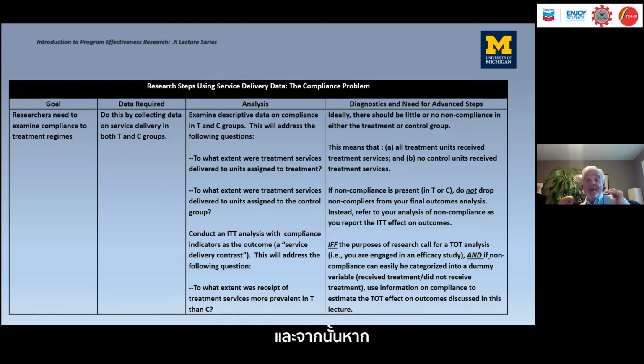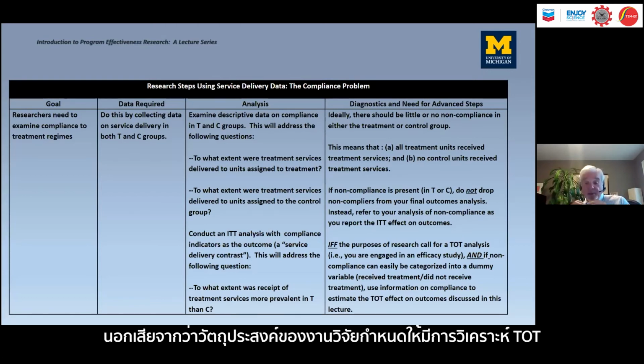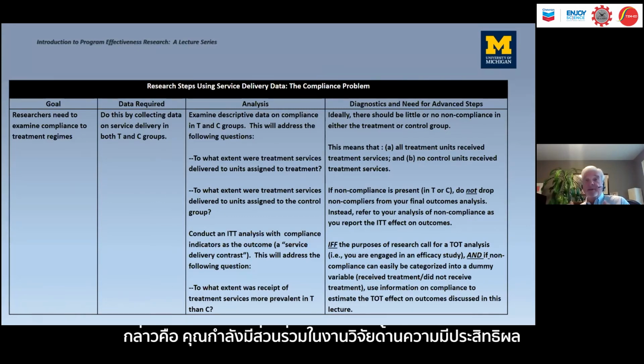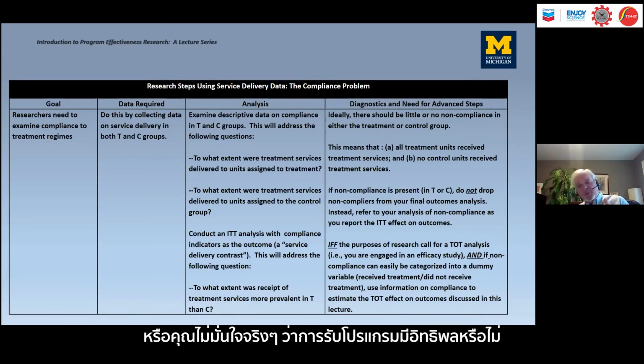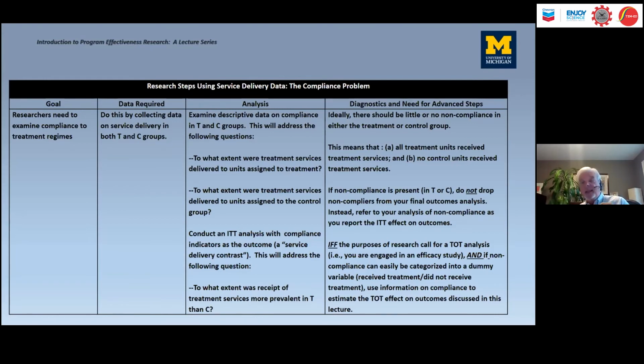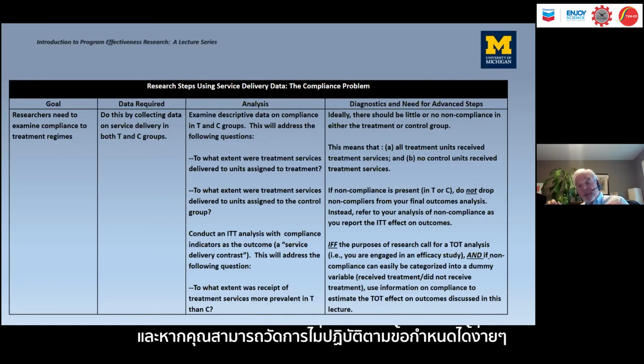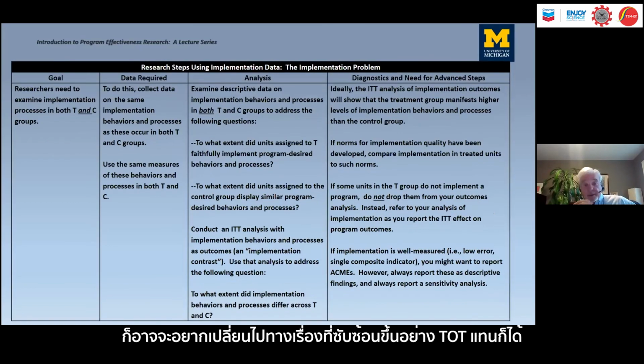And then if, and only if, the purposes of research call for a TOT analysis, that is, you're engaged in an efficacy study or you're truly uncertain whether the treatment has an effect because there's so much non-compliance going on, and if you can easily measure non-compliance, then you might want to move to the more complex and assumption-laden TOT.